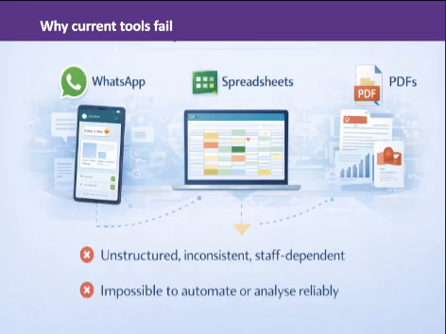When there is no shared standard, no repeatable progress, and no searchable history, what appears to be a reporting problem is usually a system architecture problem underneath.